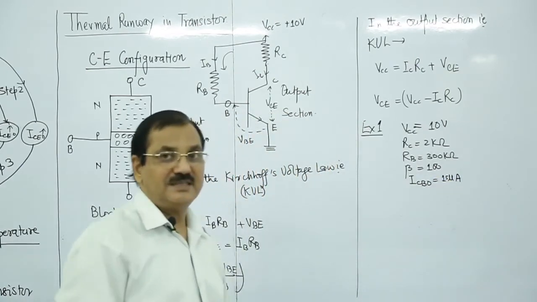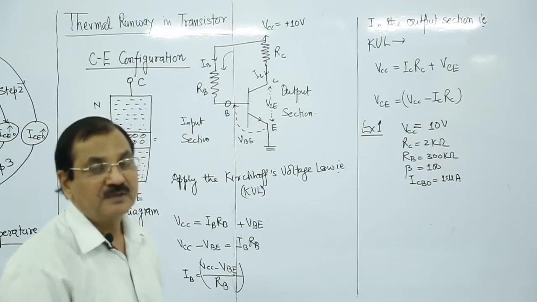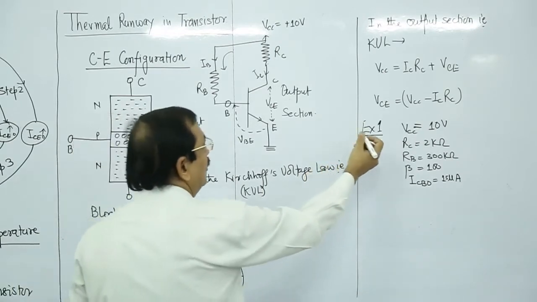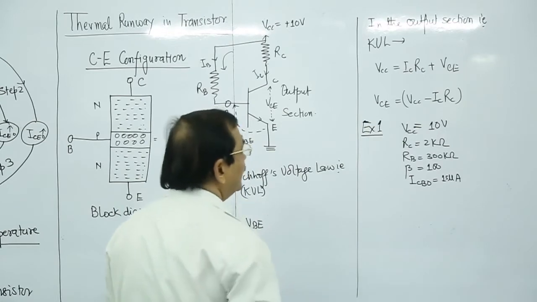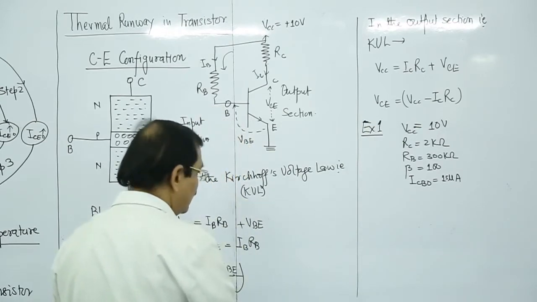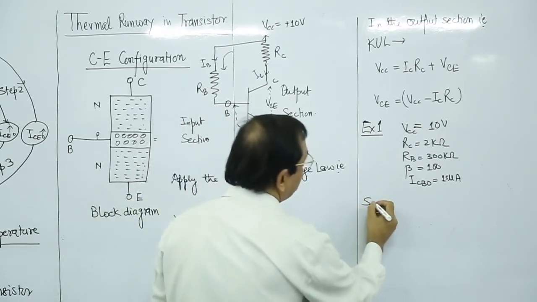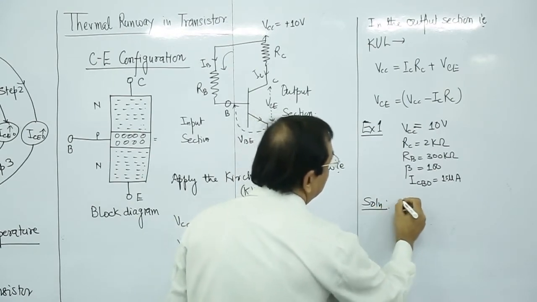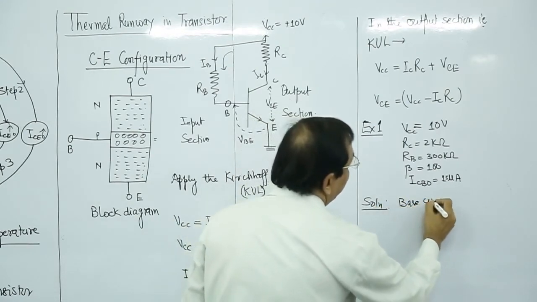Suppose this is the value assumed. So with this value of example 1, what is the value of IB, the base current?